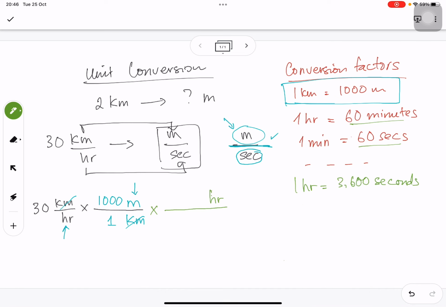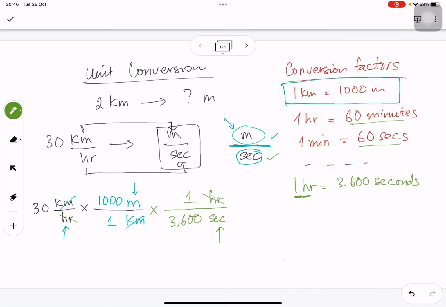So I put second at the bottom, hour cancels, and I put the numbers in front: 1 hour and 3,600 seconds. Okay, so far so good.